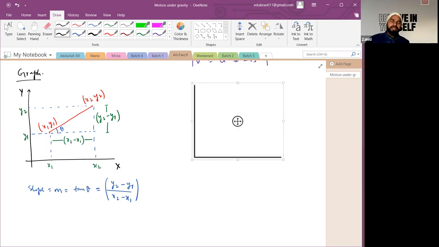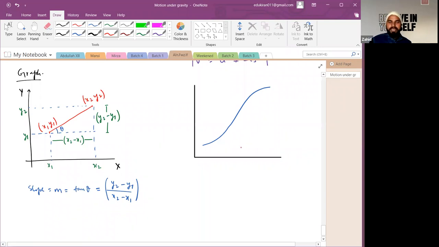But suppose you have any curve like this, and you have to define slope to any given point. So to define slope on any curve, just draw tangent to that given point.